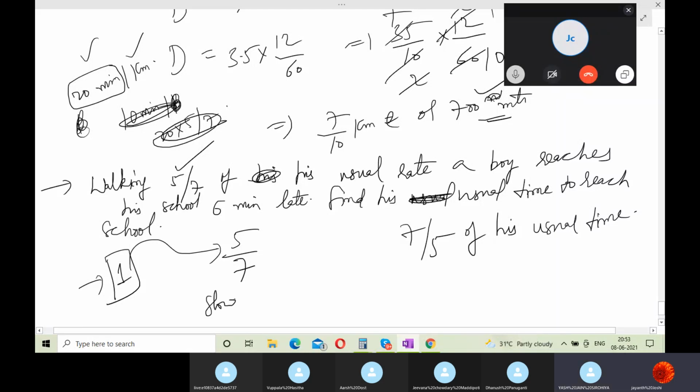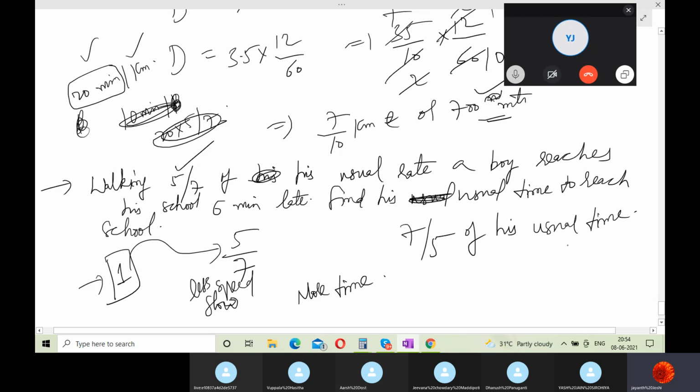If I am slow, I'll take more time or less time? More time. Correct or wrong? Less speed is more time or not?